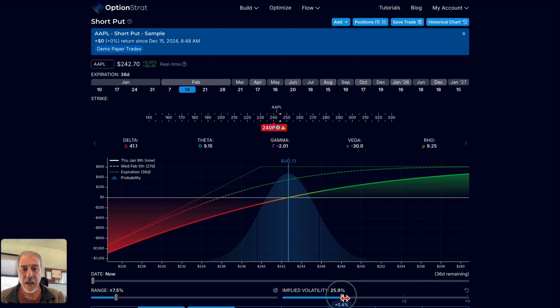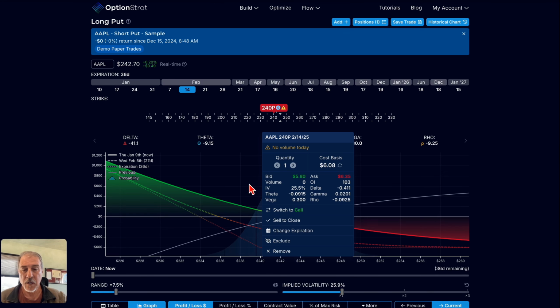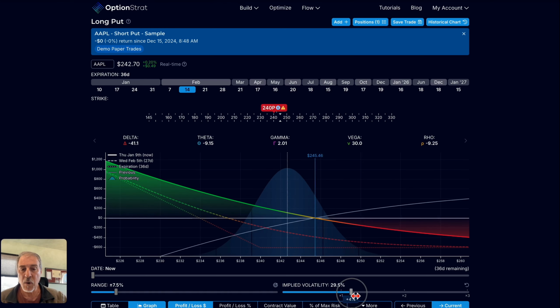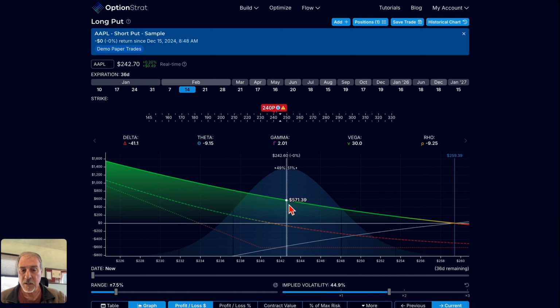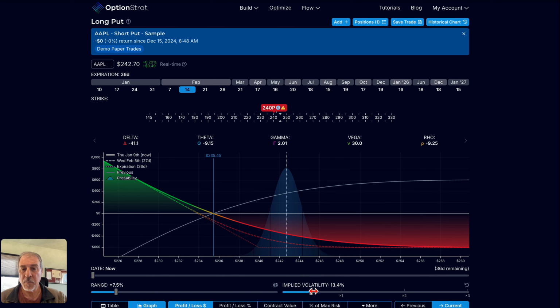Again, right now we are short, in this case, a put. If I flip the tables on this and we go long a put, in this case, we're thinking Apple's going to go down is why we might have bought this put. If volatility increases, because we own that put, that's going to help our position. If volatility shrinks, because we're long that put, that is going to hurt our position.